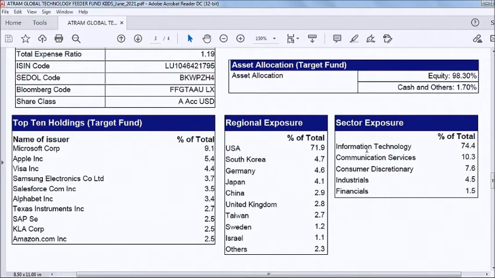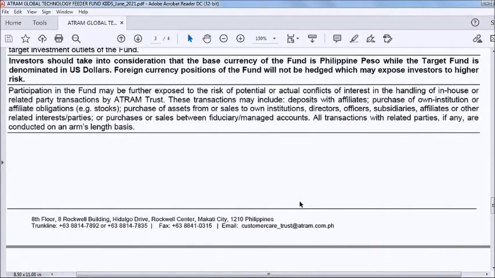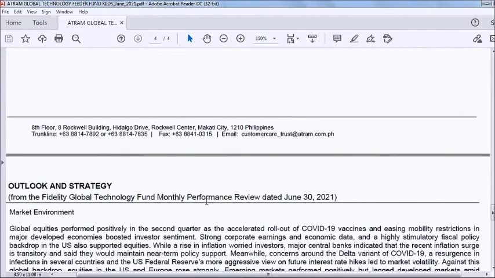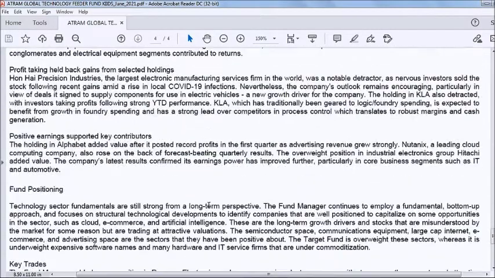And then, information technology. So, that's 74.4%. Communication services, 10.3%. Consumer discretionary, 7.6%. Industrials, 4.5%. And financial, 1.5%. I think yun na yung mga pinaka-important details here.